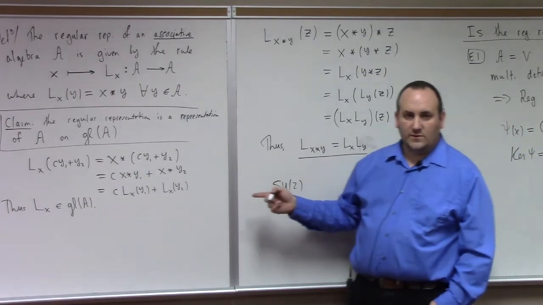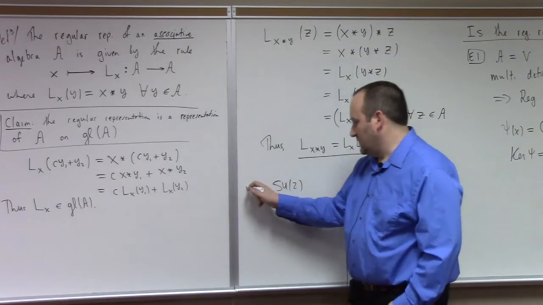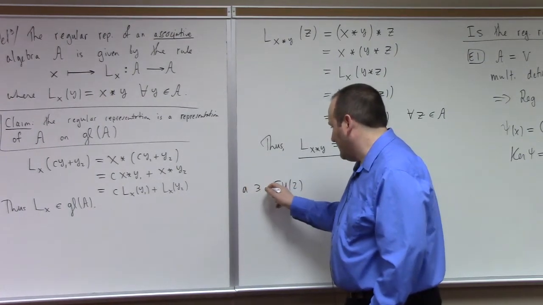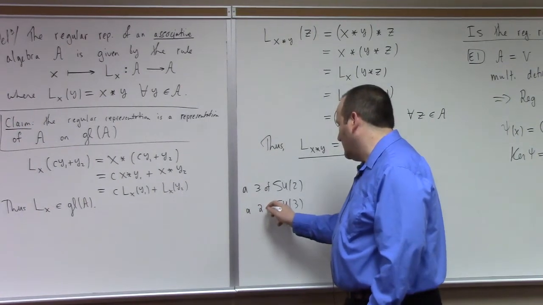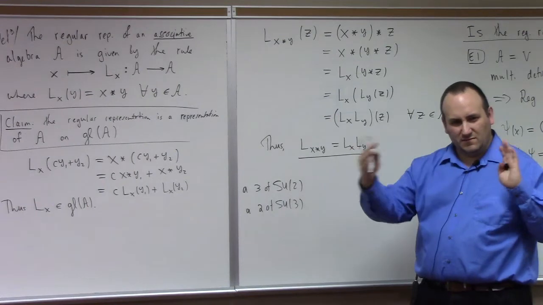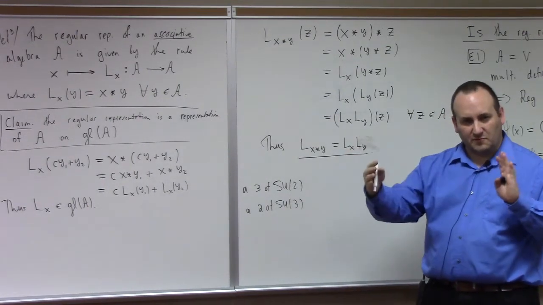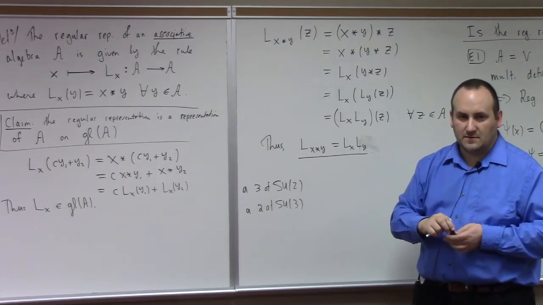And you'll talk about things like a 3 of SU2 or a 2. I forget the notation exactly, but they actually have different sized representations of the groups according to the physics that they're looking at.